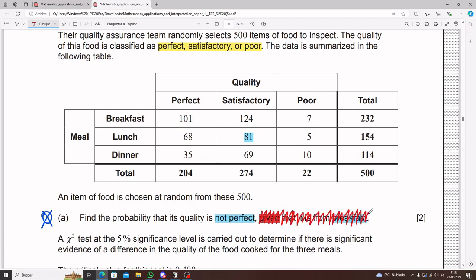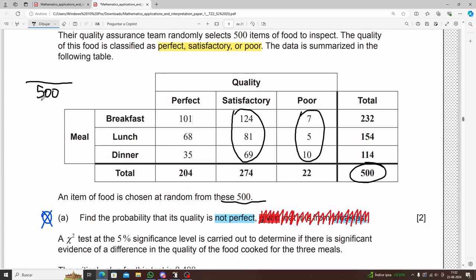If this was not written here at all, you're just trying to find the probability that its quality is not perfect. The items with quality that is not perfect are, for example, all of these and all of these. So your total is 500, because you are picking from these 500. That's going to be the number at the bottom, your total.